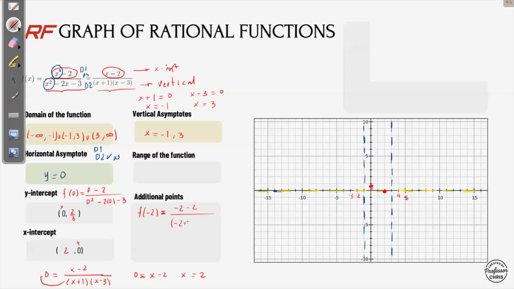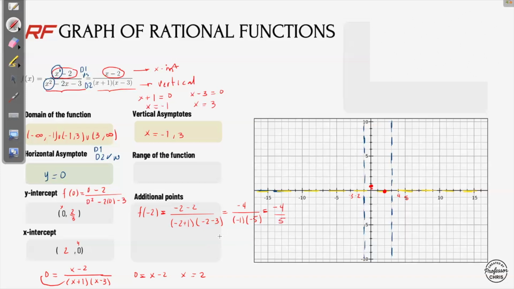So minus 2 minus 2, over minus 2 plus 1 times minus 2 minus 3. So that's minus 4 divided by, we're going to end up having minus 1 and minus 5 if I'm not mistaken. So this is going to be minus 4 divided by 5.